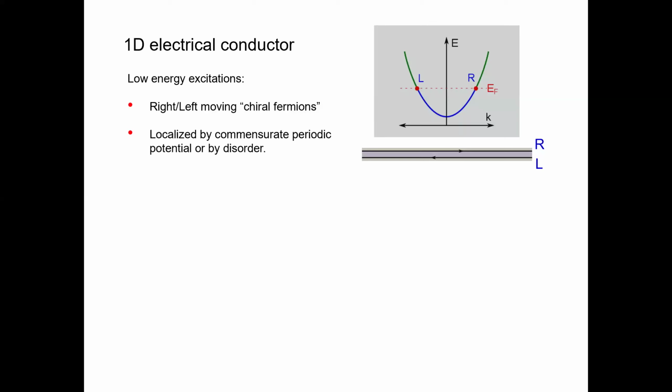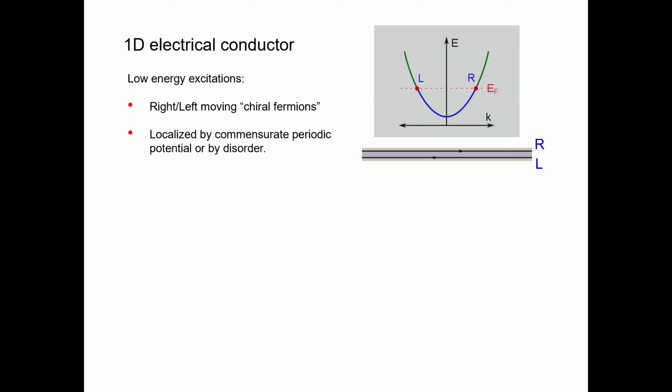This could be, for instance, the undimerized polyacetylene, which would be a conductor. There, you can think you have some energy as a function of k, maybe k squared over 2m. You fill the states up to the Fermi energy, and then you have low energy excitations near either the right or the left moving Fermi points.